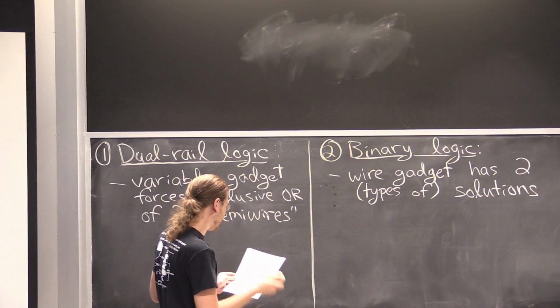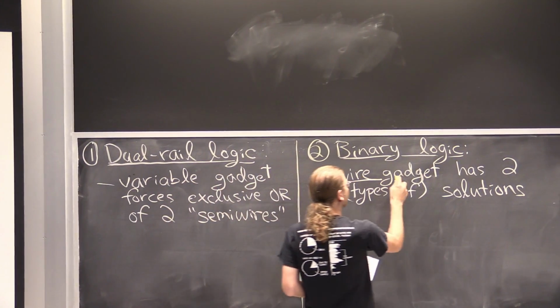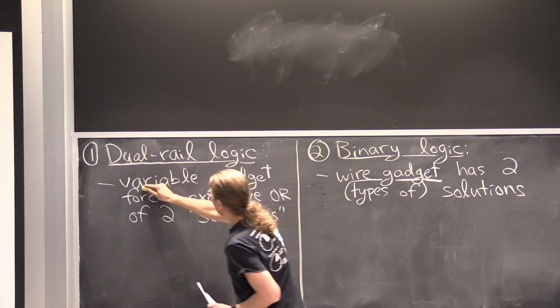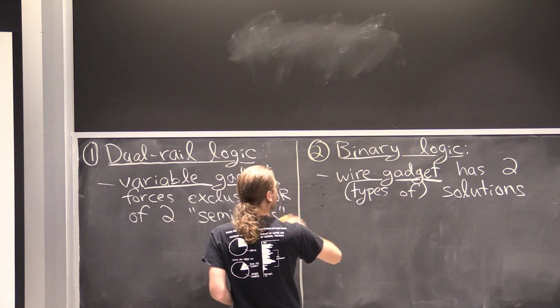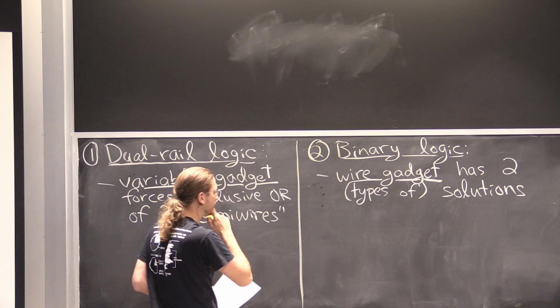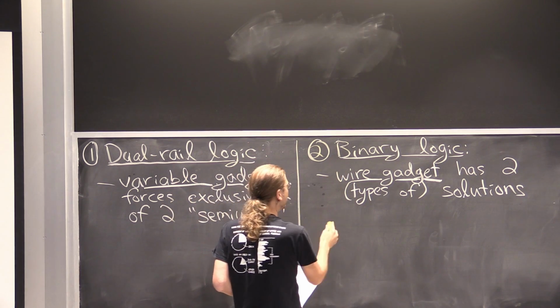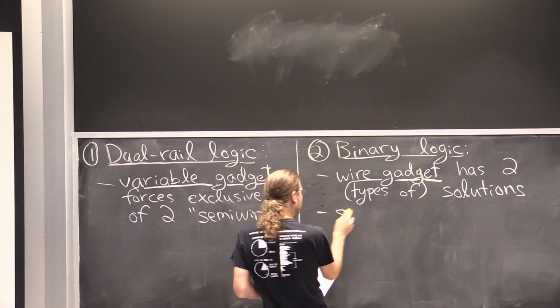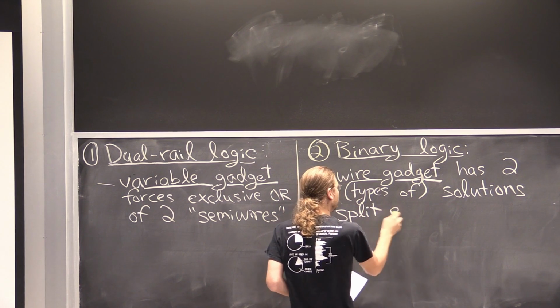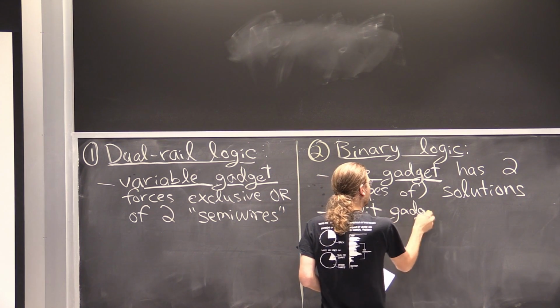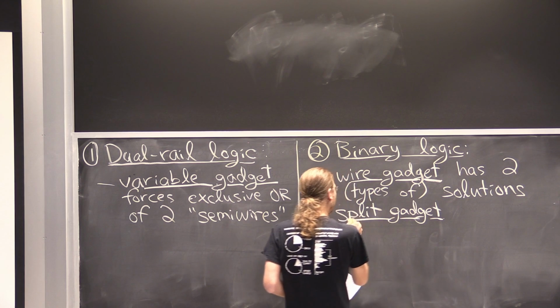My main intent here is to highlight what kind of gadgets you need. So we have a wire gadget on this side, a variable gadget on this side. For binary logic, you also need a splitter or split gadget to make copies of the wire.